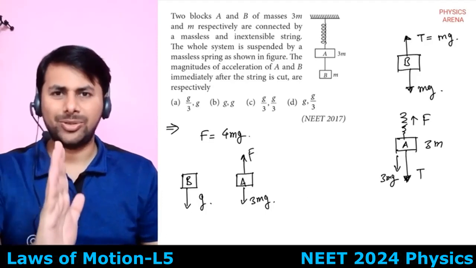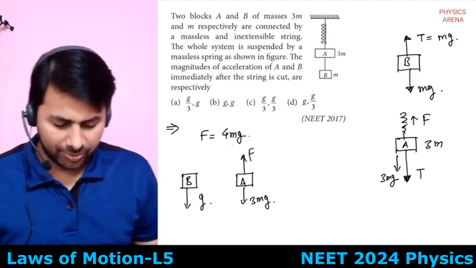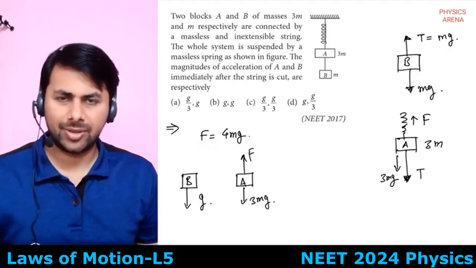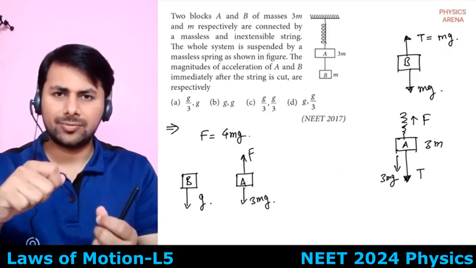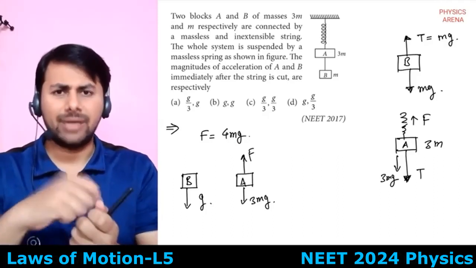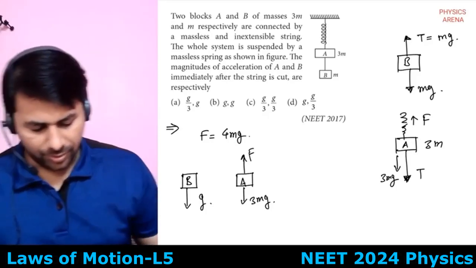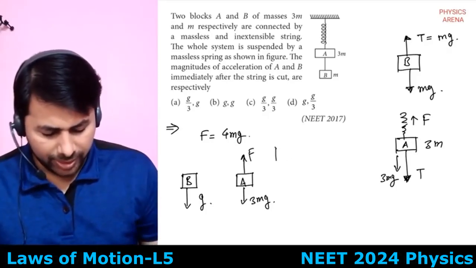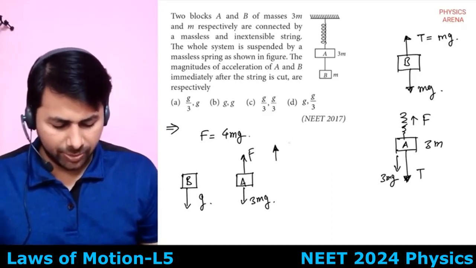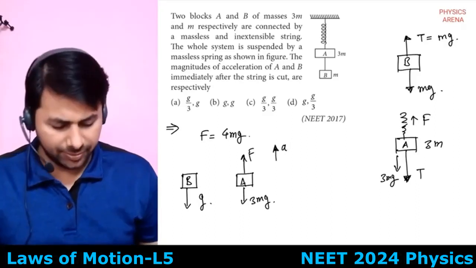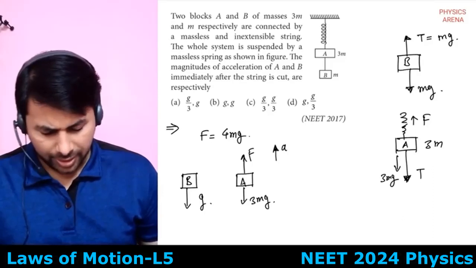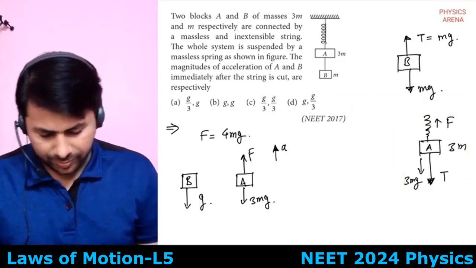So the upward force at the moment is the same, because the spring is stretched by the same displacement; the extension is same. So the net force on A is upwards, and there will be some acceleration. So we can find it out.